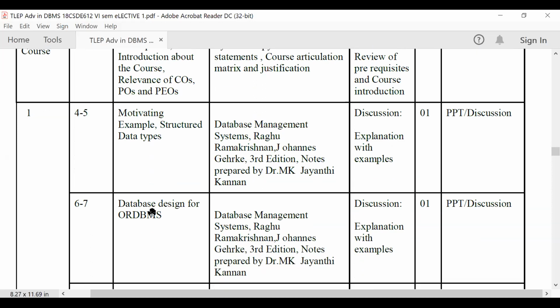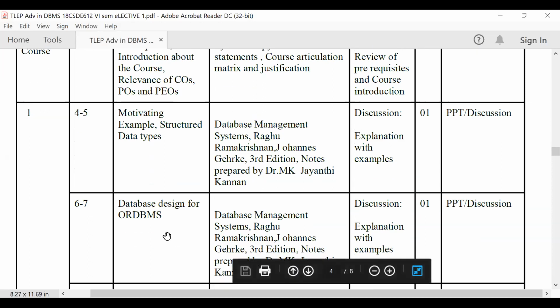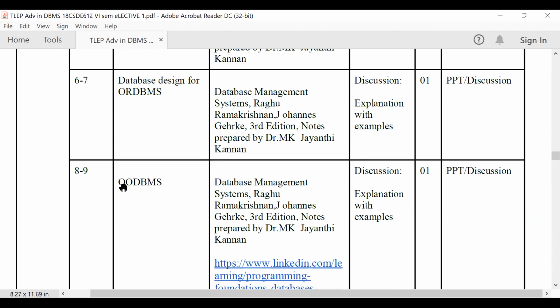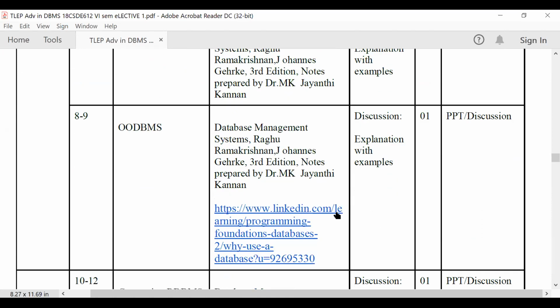And the second topic in your module 1 is database design for RDBMS, object-oriented relational database management system. It is also based on your textbook, Database Management Systems by Raghu Ramakrishnan, through classroom discussion, PPT and discussion. The third topic, object-oriented database management system, is based on the textbook, the same way, PPT and discussion.